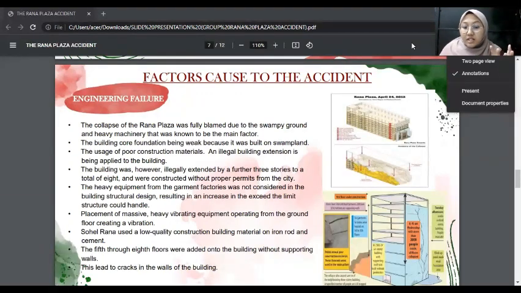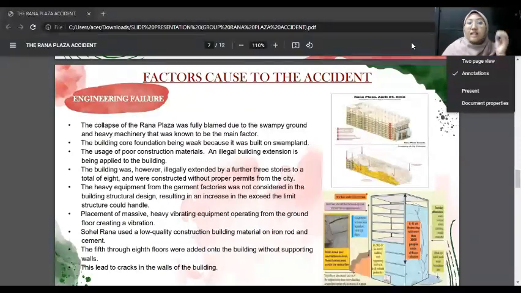The garment factories placed massive heavy equipment which created massive vibration, operated from the ground floor, and it was used by the garment factory itself.